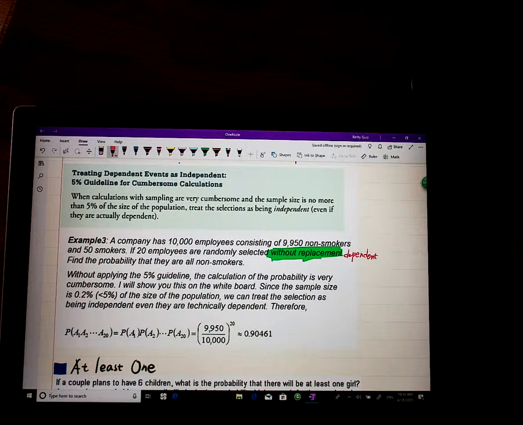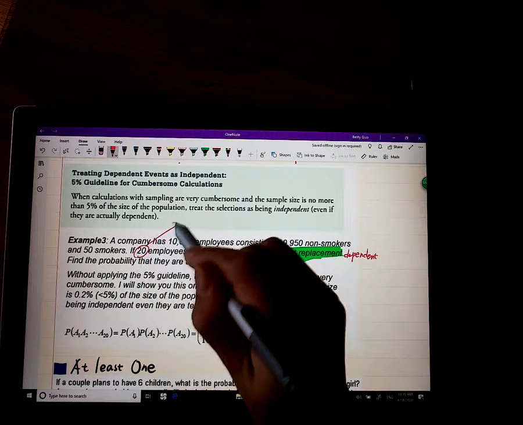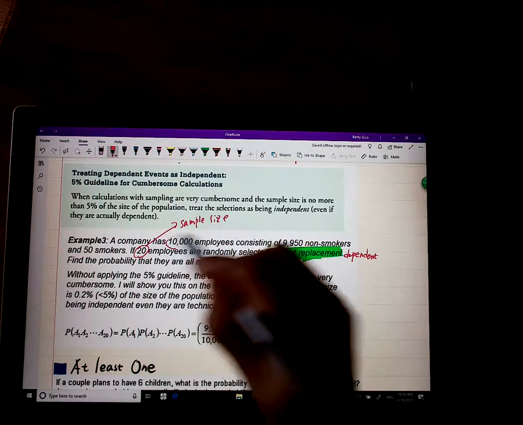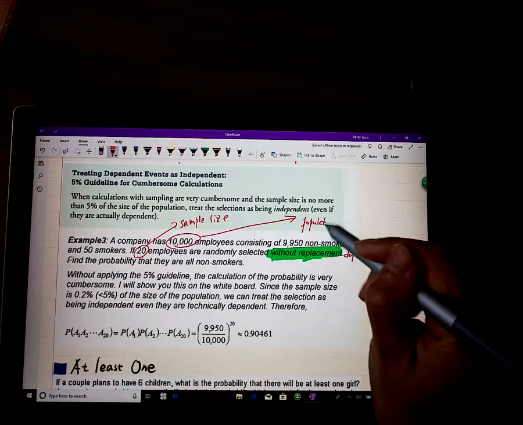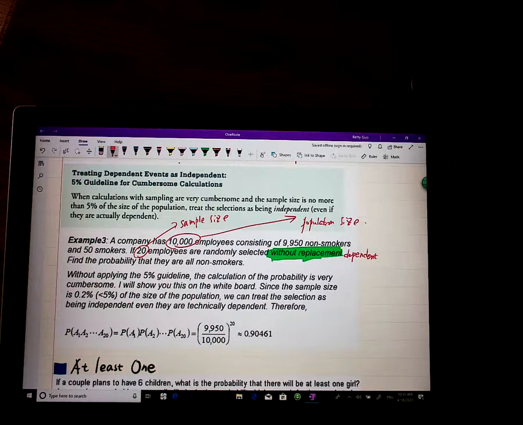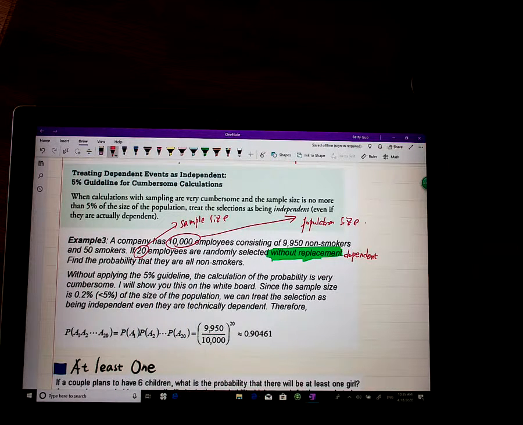Of course, every time you interview one employee and you are done with him, you are not going to put him back, right? So 20 here is the sample size, and the 10,000 here is the population size. Find the probability that they are all non-smokers.